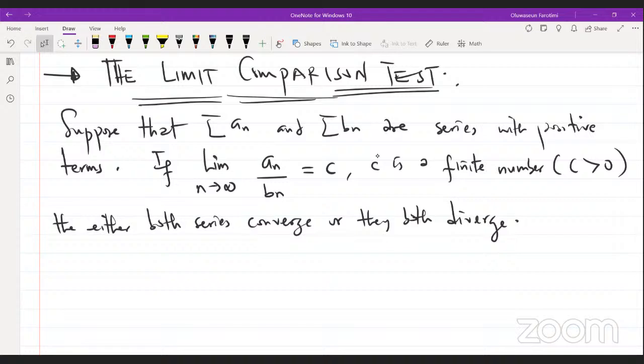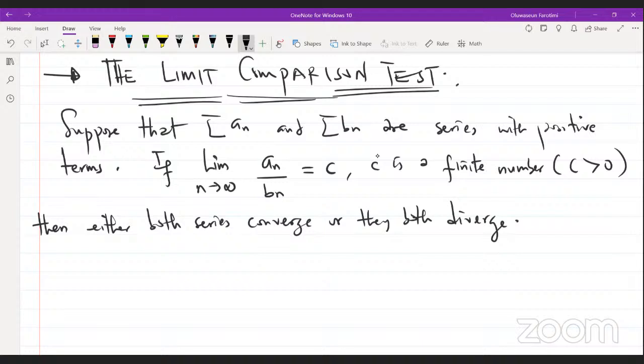They're giving us positive terms. Now, if I take the ratio of their nth terms and check as n goes large, if it gives me a constant, then either both series converge or both series diverge.